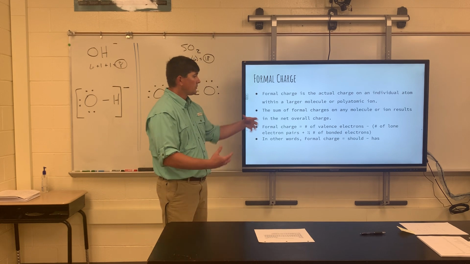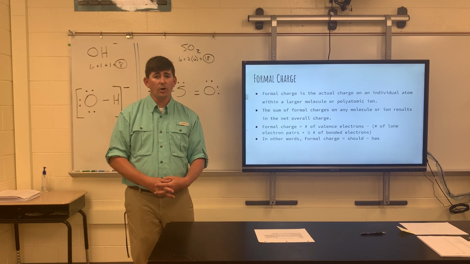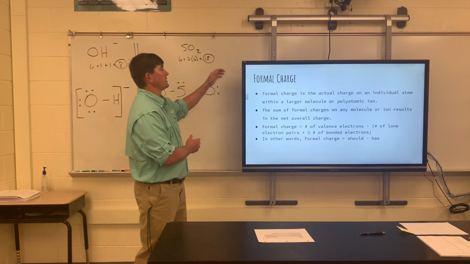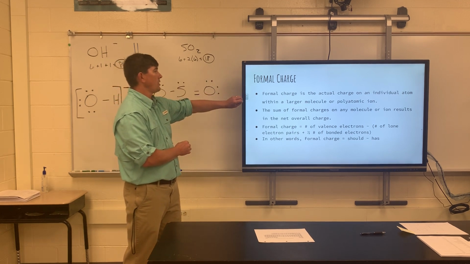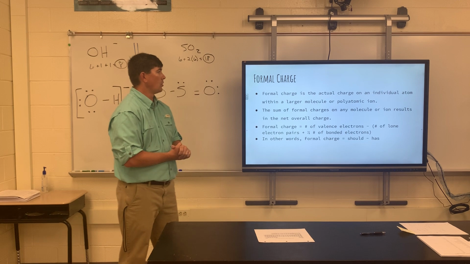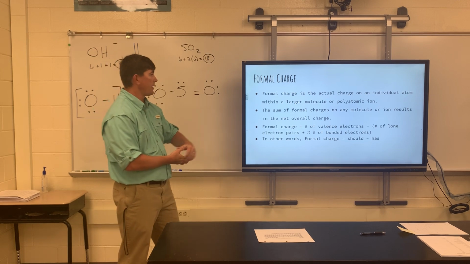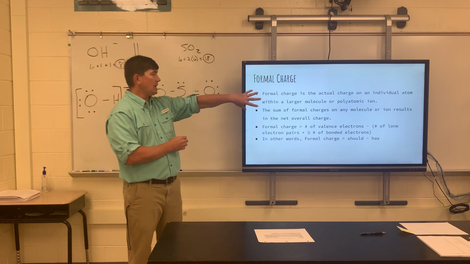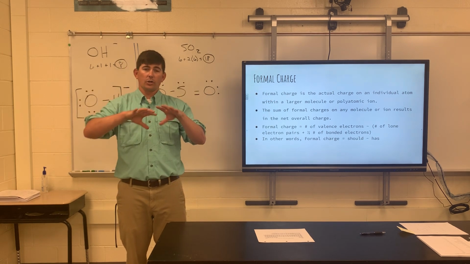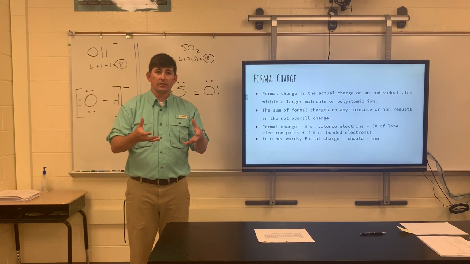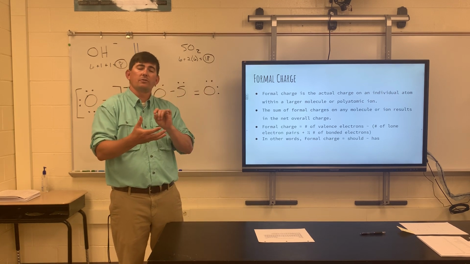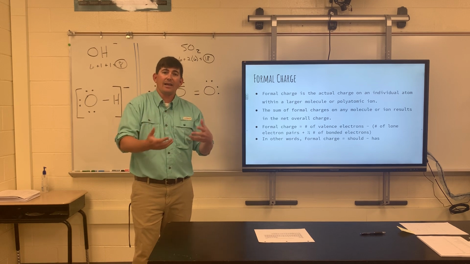All right, so here's what I'll say to start off. What is formal charge? It's the actual charge of the individual atoms within the larger molecule or a polyatomic ion. The sum of the formal charges has to equal whatever the net charge is. So if it's a neutral molecule, if the net charge is 0, then all the formal charges of the individual atoms in there have to add to 0.